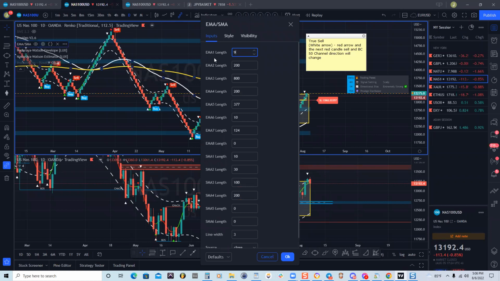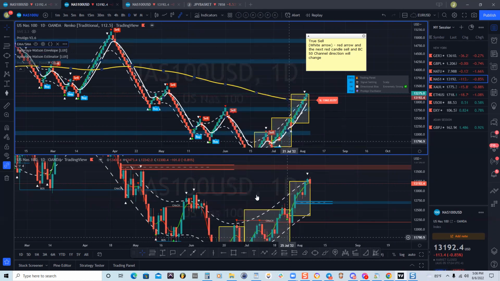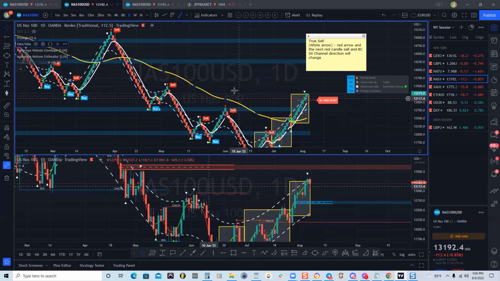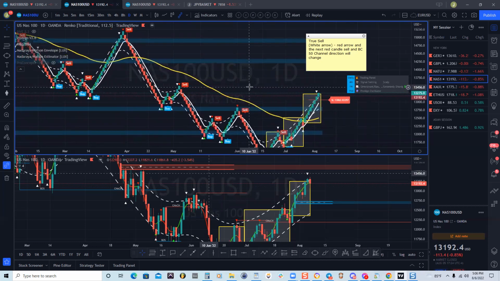He's using an EMA of 9 and an SMA of 9. You've got to play with these because everyone's EMA is going to be different. There's no set EMA value. You just have to play with them.